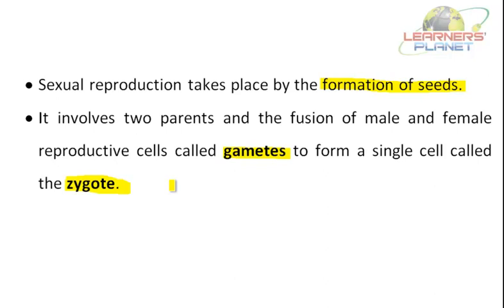While in sexual reproduction, the sex cells or gametes are produced from the male and female sex organs of the flower. So this is the major difference between asexual and sexual reproduction. So now let us understand these processes in detail.